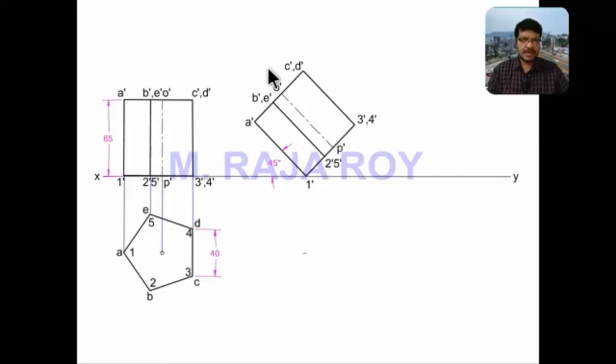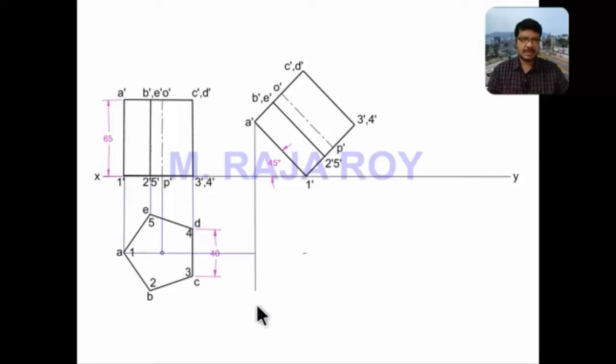Now when you are seeing from the top like this, for the top view, A dash, B dash, C dash, D dash, this particular base is visible, this particular base is invisible.